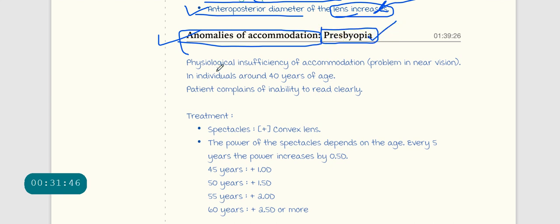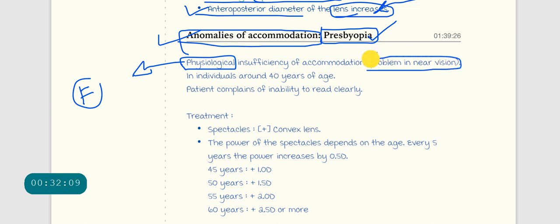So in presbyopia, we are going to suffer from a near vision problem. It is very common, because it is physiological, not pathological. So it would be an age related problem. Approximately after 40 years of age, an individual is going to suffer with presbyopia.